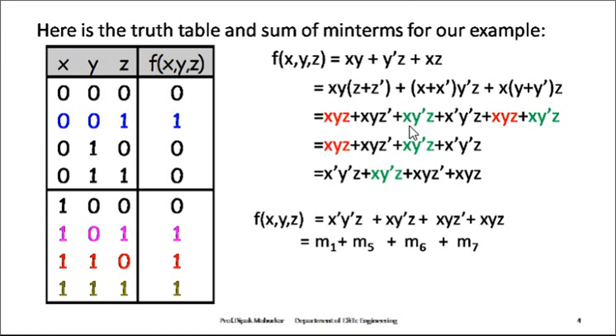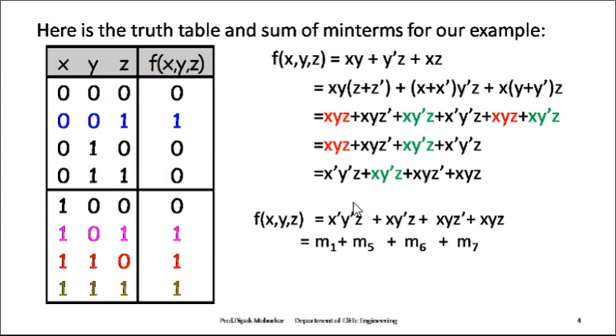Similarly, for understanding purposes I have written these terms in different colors. These two and these two are the same, so I will replace each pair with a single term. Afterwards, rearrange the total four terms in sequential order, starting with 0 0 0.